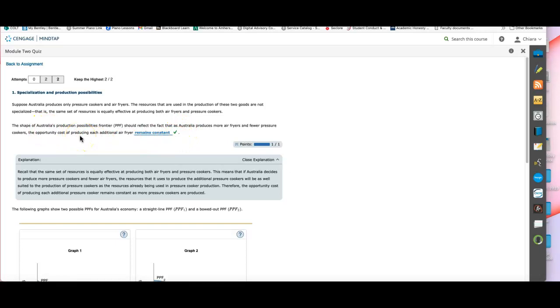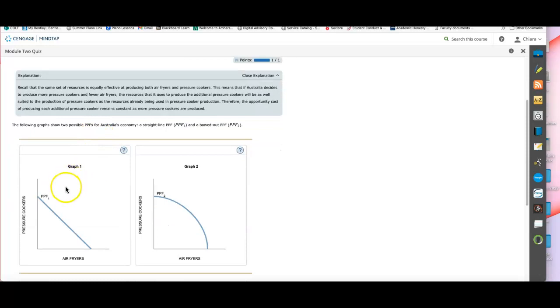So in this question, it's asking you to pretty much interpret the graph. You have 2 graphs, a straight curve and a bowed out curve. When we have a straight curve, we know that the production of the 2 goods is not specialized, and the opportunity cost is constant between pressure cookers and air fryers. When we have a bowed out curve like graph number 2, we know that there's a specialization. What does it mean? That some resources are more apt to producing more pressure cookers versus air fryers or vice versa.